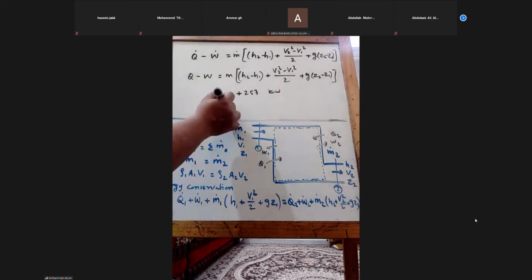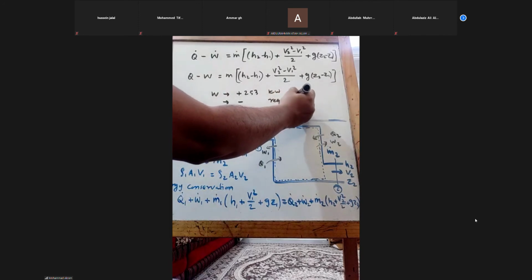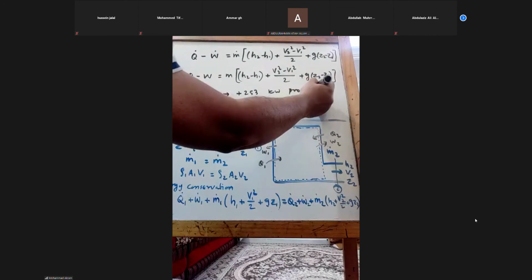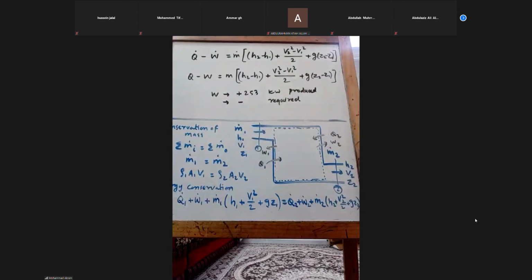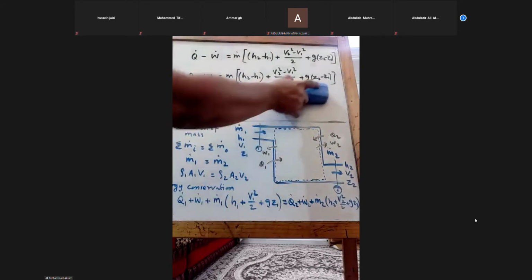If it comes out as a negative value, that means work is required by the system. We'll see when we get the values.